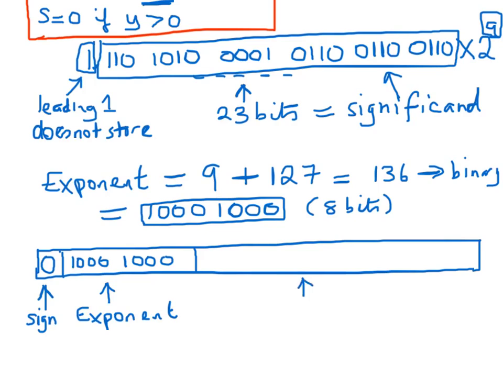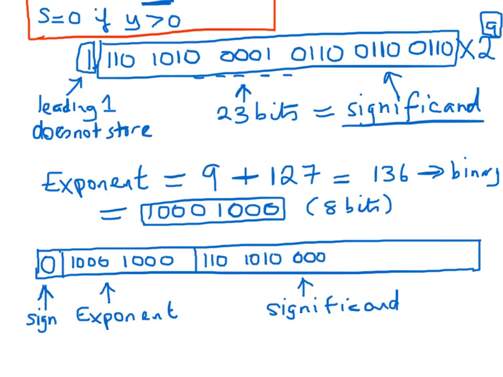And the last part is the significand. We have found that up here, and if we just write that in, we'll get 110, 1010, 0001, 0110, 0110, and lastly 0110.